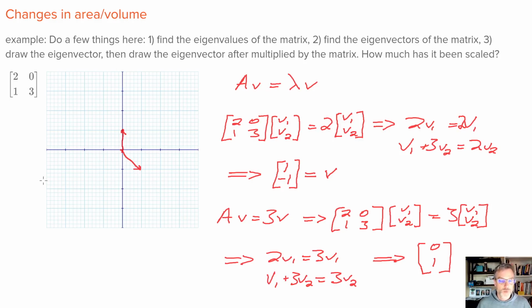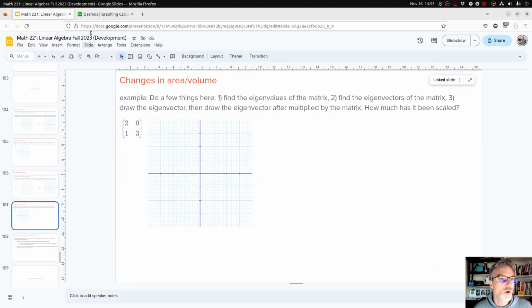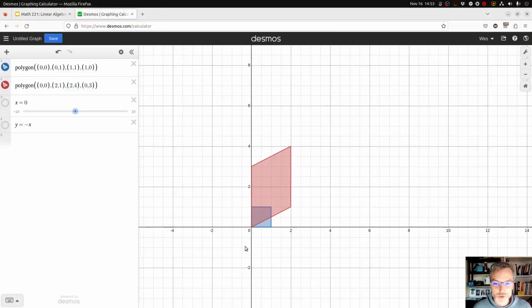Okay, we can see that if we go back to our little Desmos image here. Here's one of the directions that doesn't change under that multiplication by that matrix. That corresponded to our 0, 1 vector, so this vector. This whole direction won't change, right?